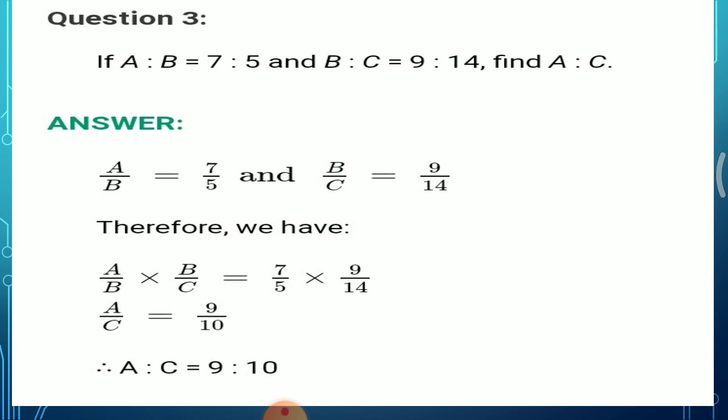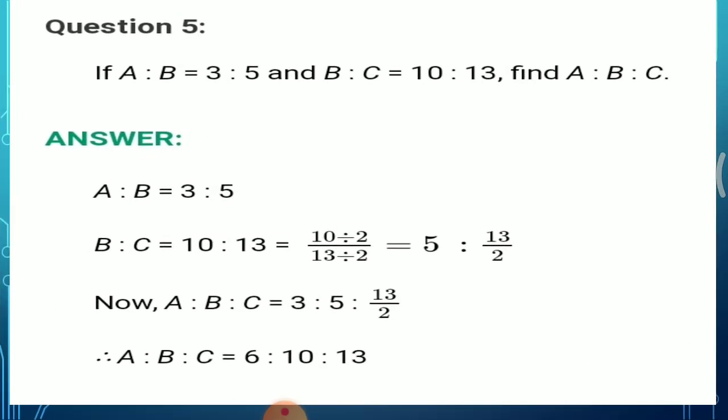Now question number 4 is that it is also same. A ratio B is equal to 3 ratio 5 and B ratio C is equal to 10 ratio 13. Now find A ratio B ratio C. Student, at first you write A ratio B is equal to 3 ratio 5 and B ratio C is equal to 10 ratio 13. Now you divide by 2, so 2 5s are 10 and 13 by 2.